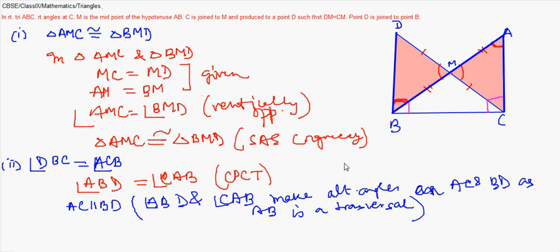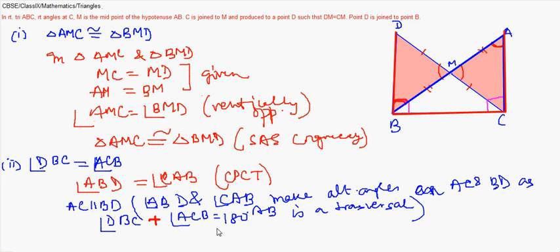Now look at these two. If I have proved those two to be parallel lines, and BC now acts as a transversal, angle DBC plus angle ACB should be 180.